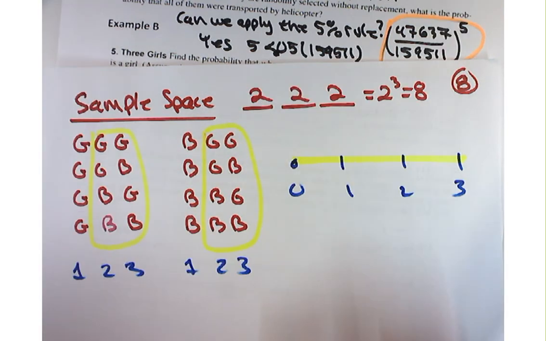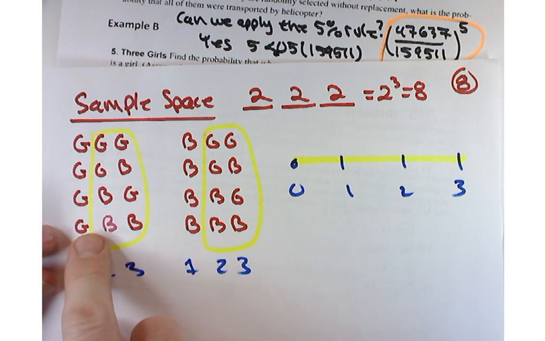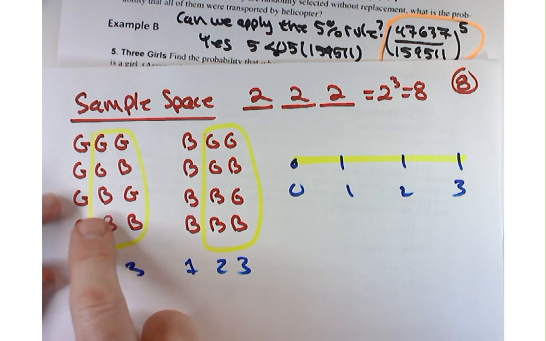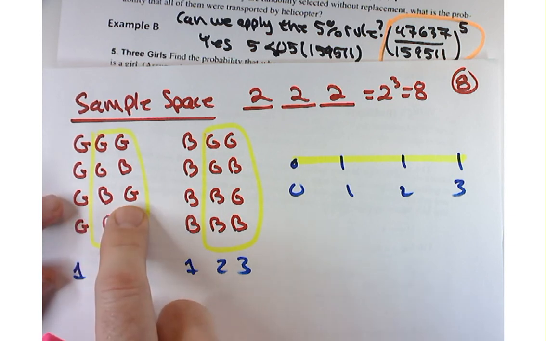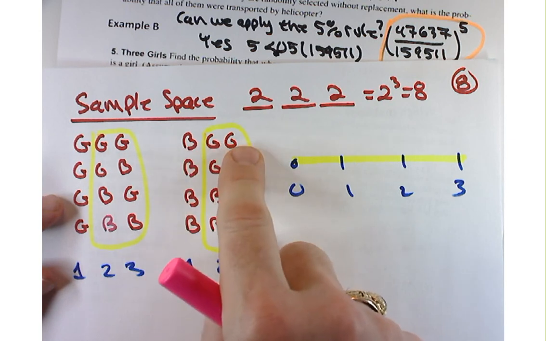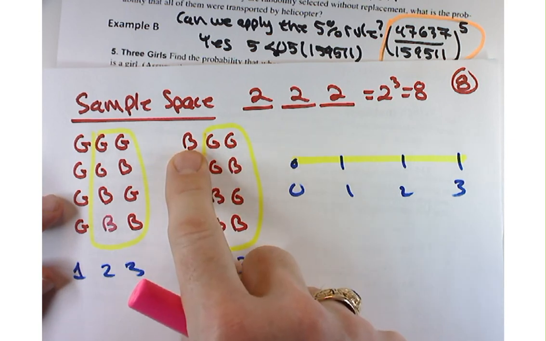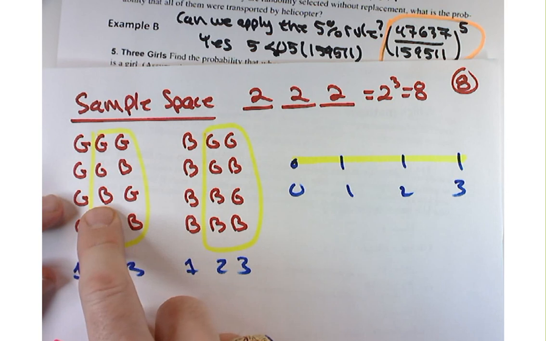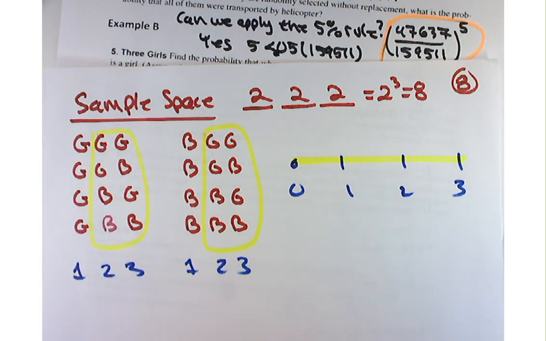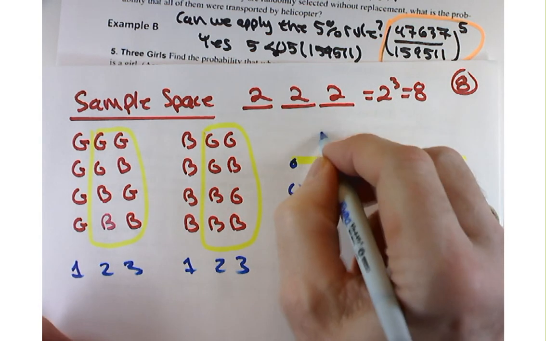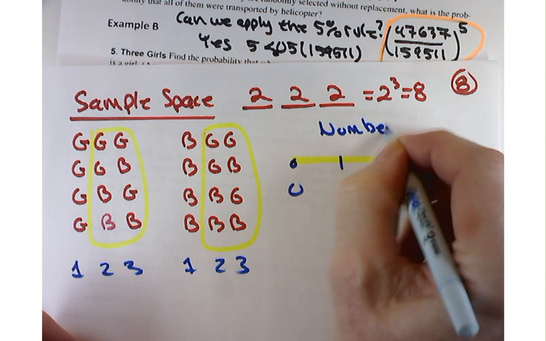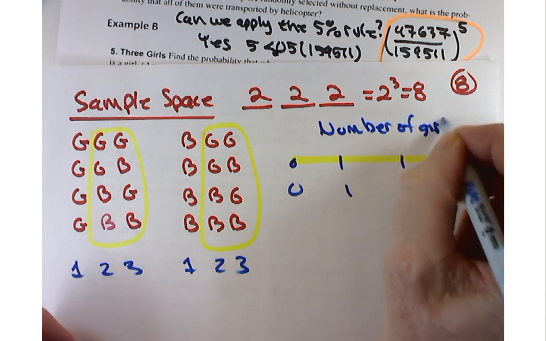Sample space is including all the simple events, and these are different. If you're going to the hospital and you have girl, boy, girl, or boy, girl, girl, here the boy's going to be the oldest, here the boy's going to be the middle child. So those are different events. They're different things that can happen, even though the net effect, in terms of the number of girls, is the same. There's 2.